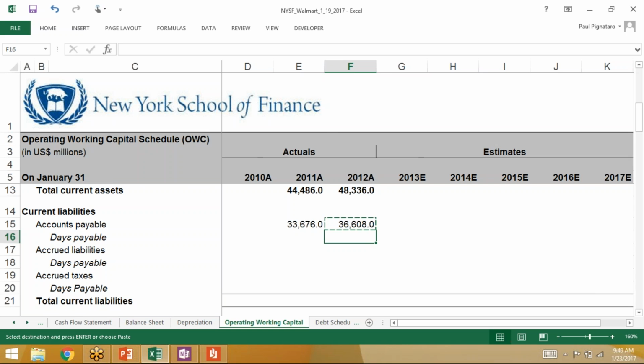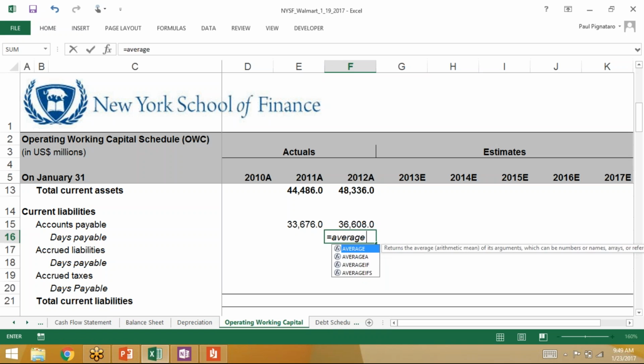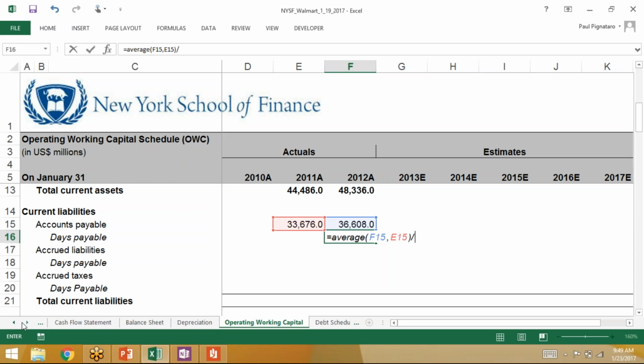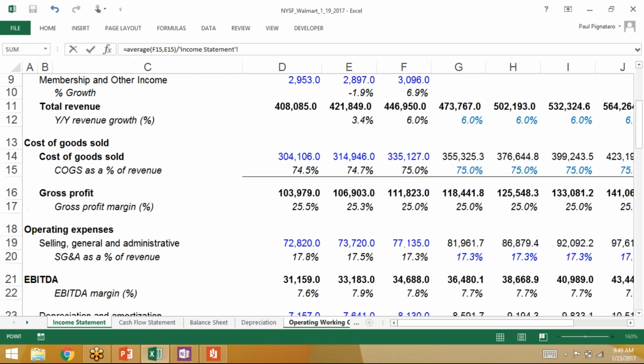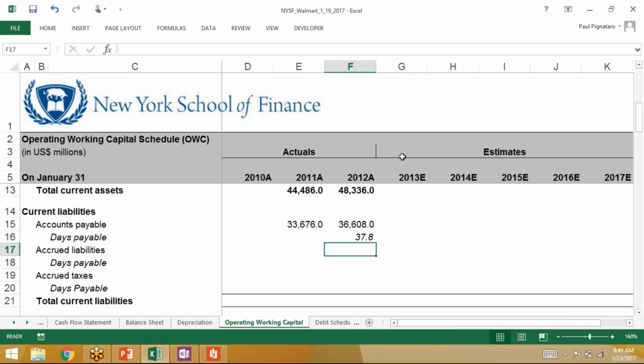Payable is COGS. Pretty much always COGS. Okay, so we're going to take an average of this year, last year, divided by COGS times 360. Okay, 37.8.